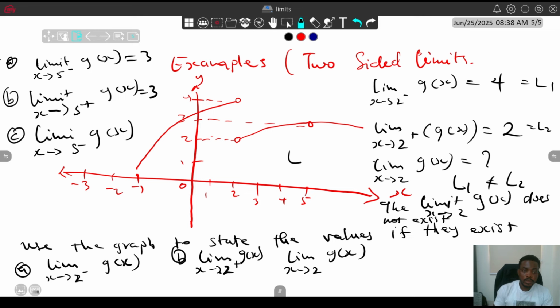See? So now that we have L1 equals L2, we say that the limit as x approaches 5 exists. Right? Great.